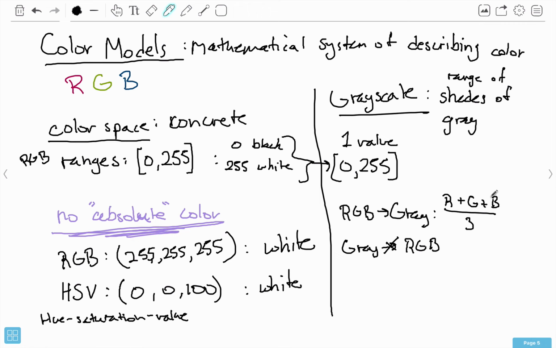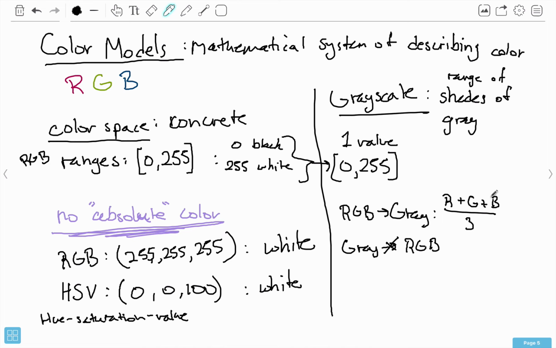Just to recap what we did in this video, we discussed the difference between color models and color spaces, where color models are more mathematical and color spaces are a bit more concrete. We discussed the RGB color model and the grayscale color model and how we can convert from RGB to grayscale. I also tried to make the very important point that there's no absolute color.